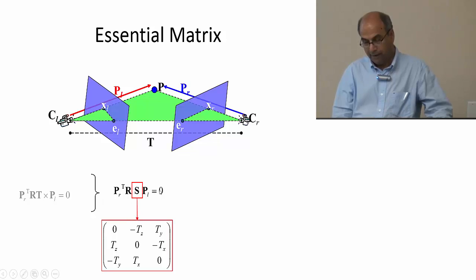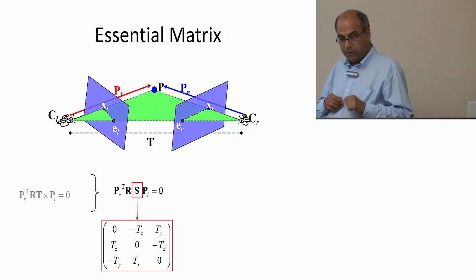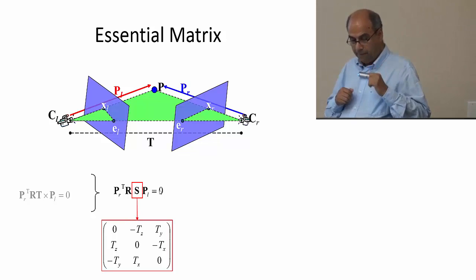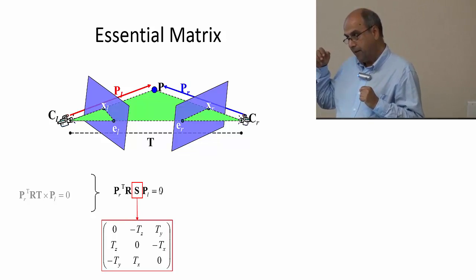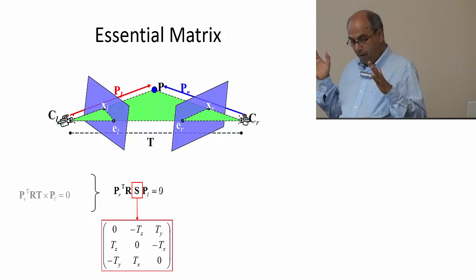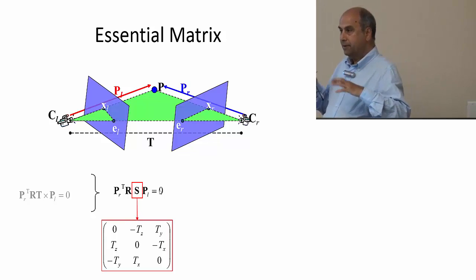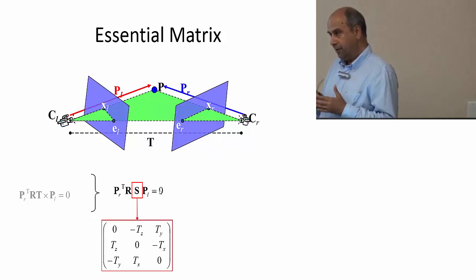So now we have PR, which is the 3D location of a point from the right camera, PL, which is the 3D location of the same point from the left camera, R is the rotation between these two coordinate systems, and S represents the translation between these two coordinate systems.